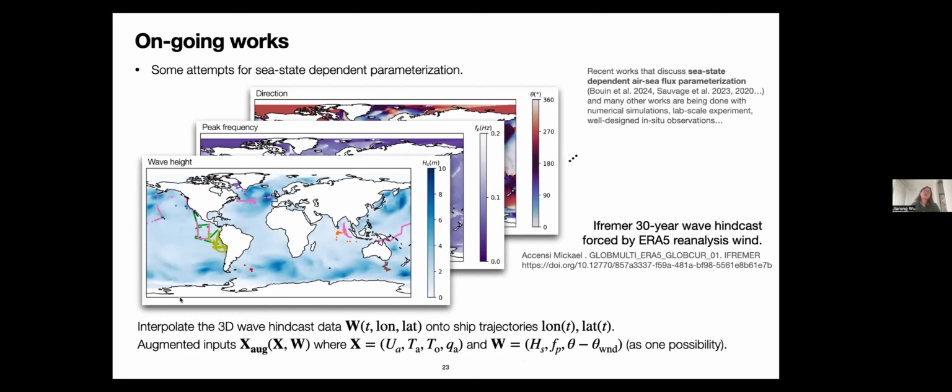And then I augmented my inputs. So now instead of just wind, temperature of air and ocean, and humidity, I add some wave information interpolated from the hindcast. And I do this again to see if I capture extra variability in the flux.